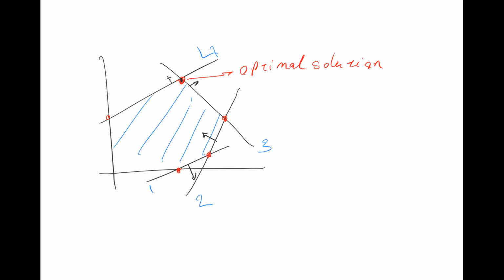If I change 1 and 2, it doesn't have any effect on this optimal solution. So I say the shadow price of constraints 1 and 2 are 0, and also, they are not binding constraints. So basically, a shadow price of 0 on a non-binding constraint just means they are not participating in the optimal solution.